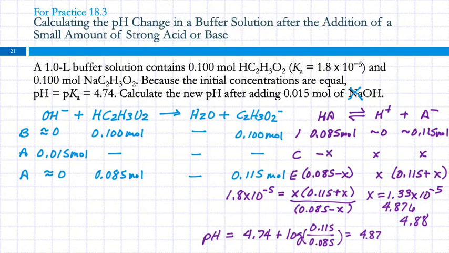And if I check that x is small, 1.33 times 10 to the minus 5 divided by 0.085 times 100, yeah, it's way less than 1%.